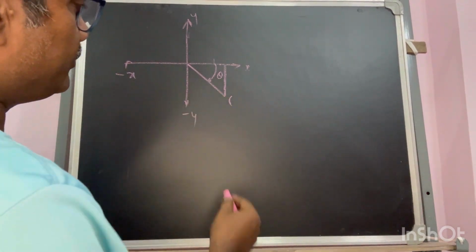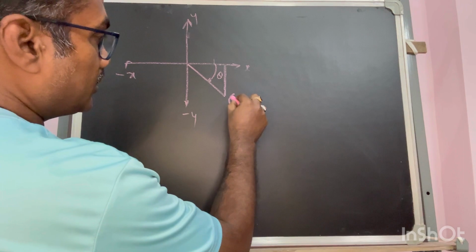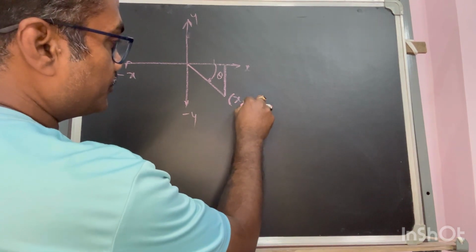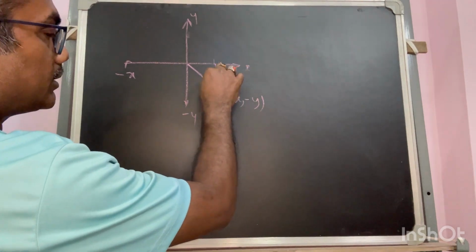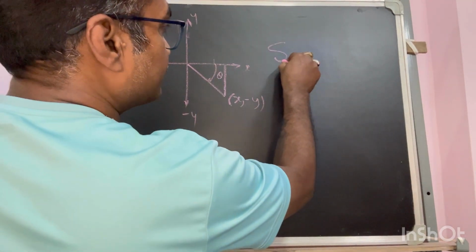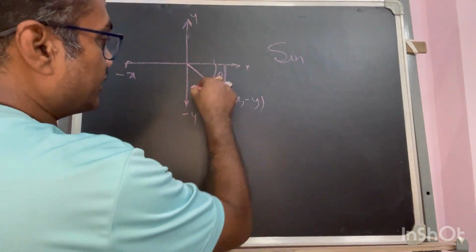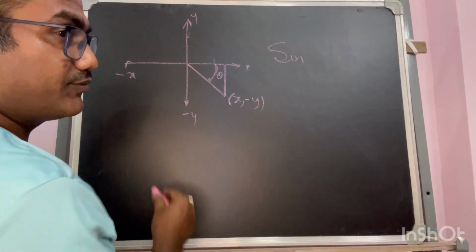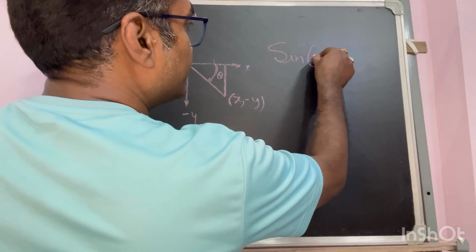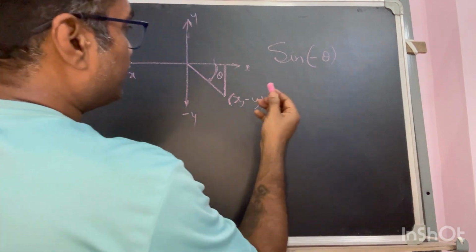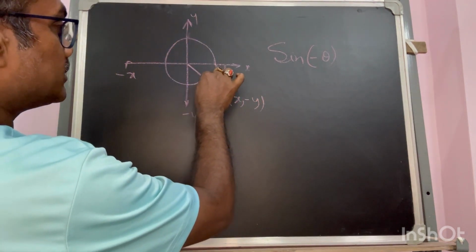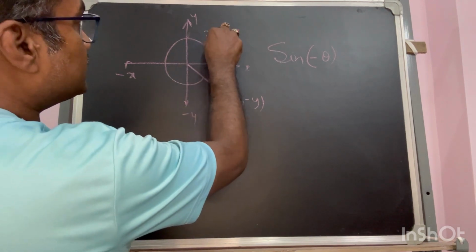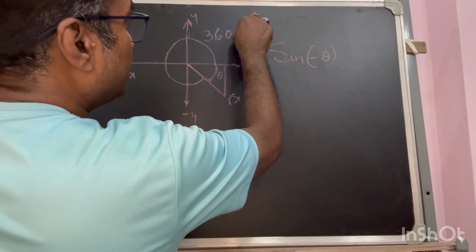In this quadrant, x will be positive and y will be negative. Now if I consider the sine of this angle, it is definitely the measure of negative theta. Otherwise it could have been measured this way also, so what is that measure? It is 360 degrees minus theta.